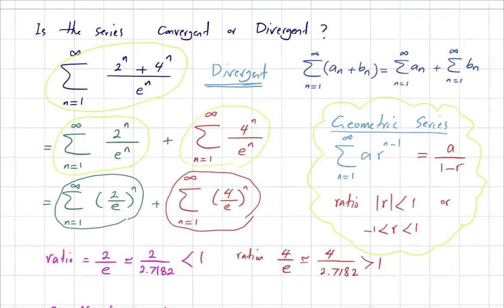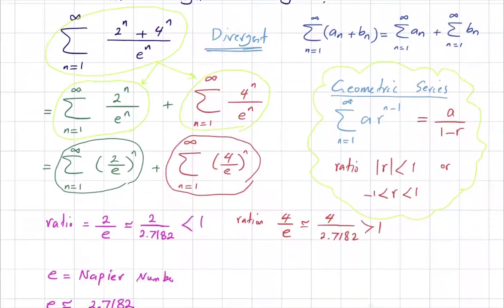The second one is 4 to the n divided by e to the n. Then you can find the pattern, which is basically using geometric series. When you have geometric series, you check the ratio. If the absolute value of the ratio is less than 1, or if the ratio is bounded between -1 and 1, then the series is convergent to a divided by 1 minus r.